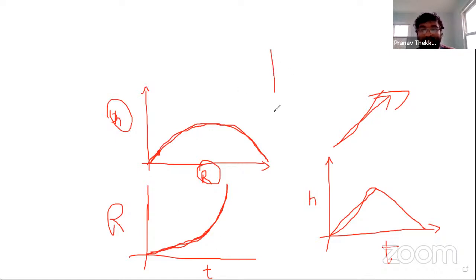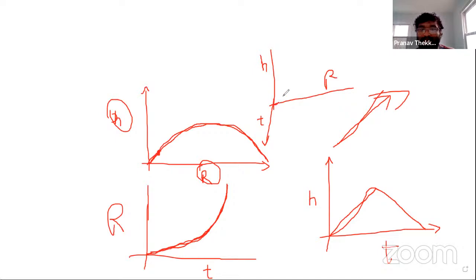So now you can make a 3D model, right? These are all 2D graphs: height as a function of time, height as a function of distance, and distance as a function of time. So now I can make a 3D model, height as a function of time and distance, right?